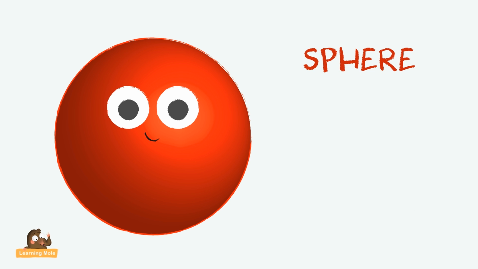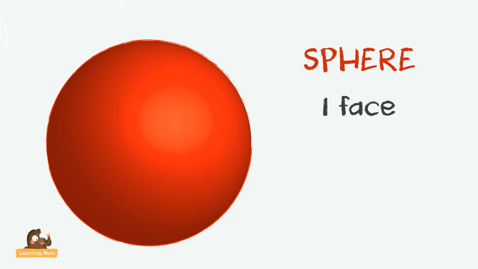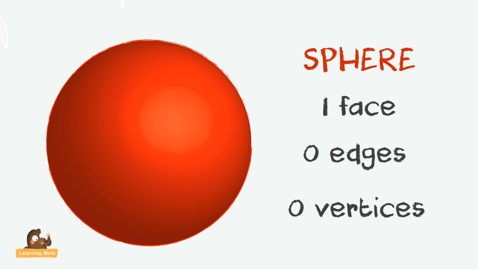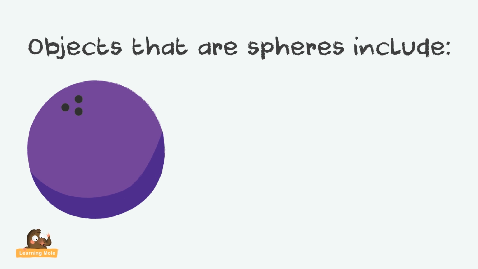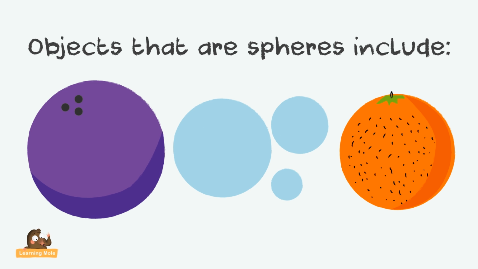Sphere. A sphere has 1 face, 0 edges, 0 vertices. Objects that are spheres include a ball, a bubble, an orange.